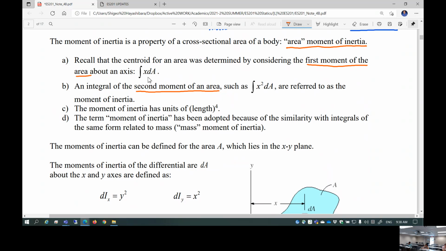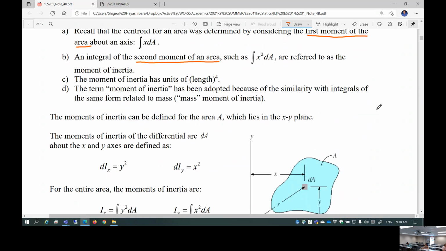This is basically distance multiplied by the distributed area at that point that creates the moment about a given axis. This is the first moment of the area. Now, if the distance is a squared term, it's called the second moment of the area. This is called moment of inertia. Okay. So obviously, the unit is length to the fourth power.